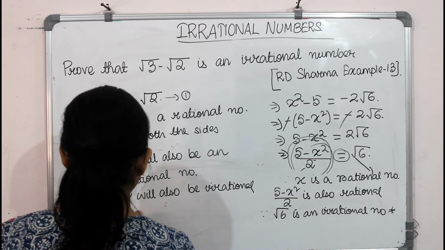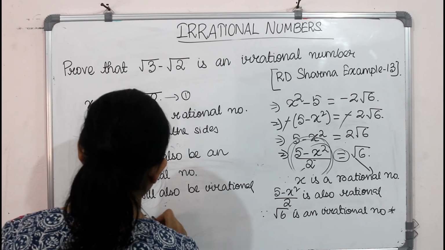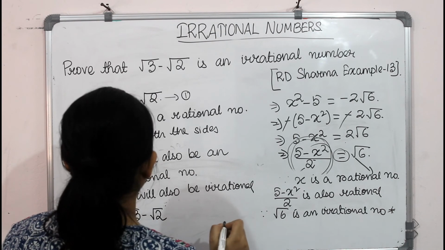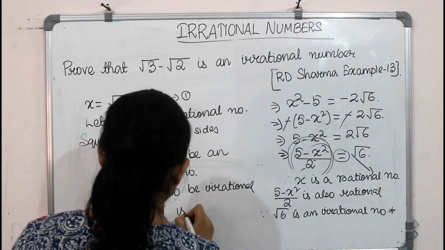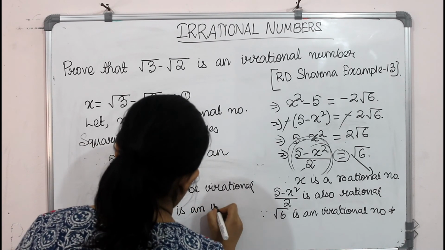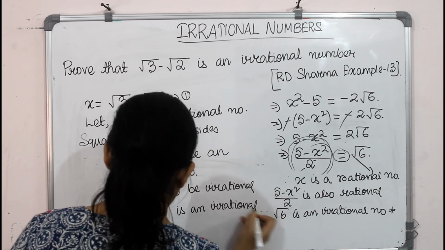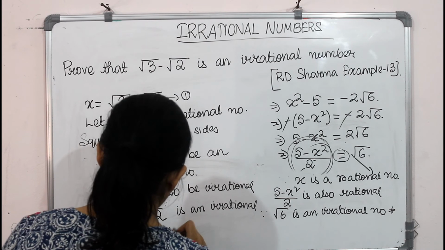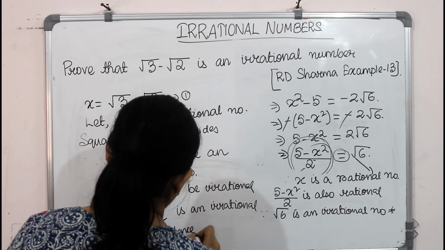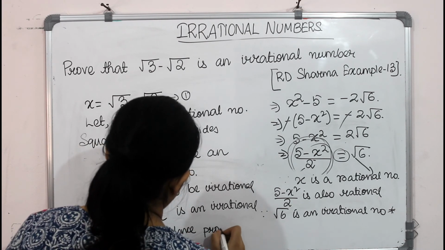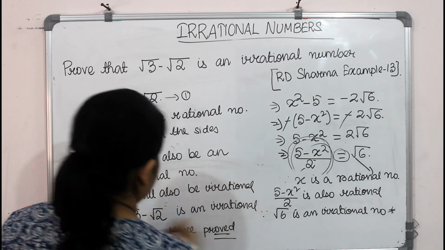So therefore we can say that root over 3 minus root over 2 is an irrational number. So hence proved.